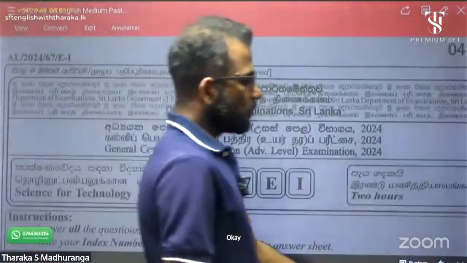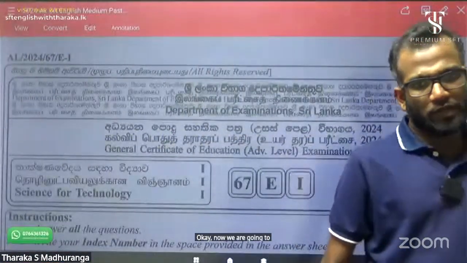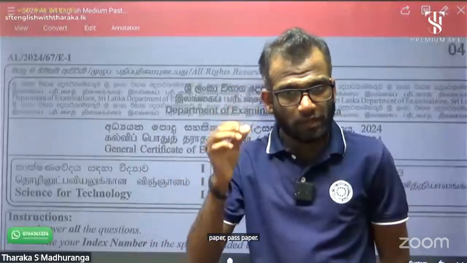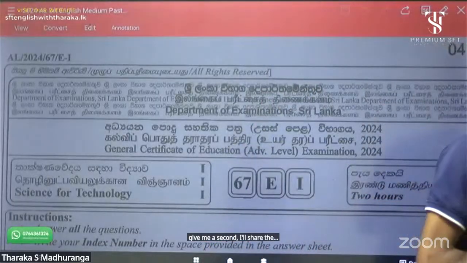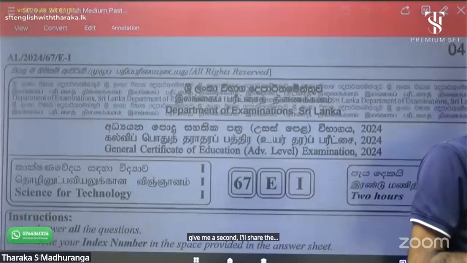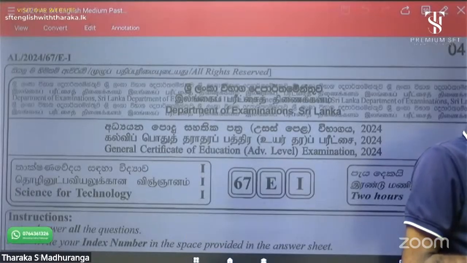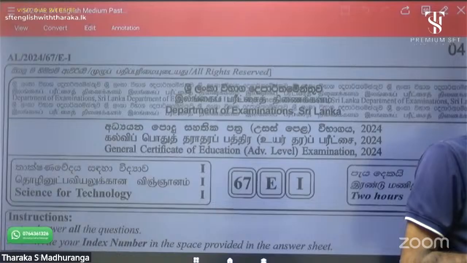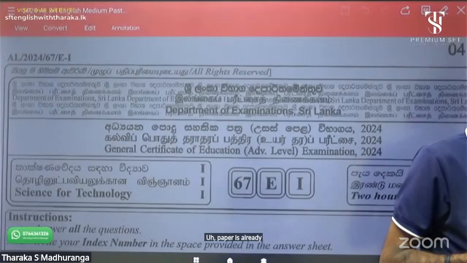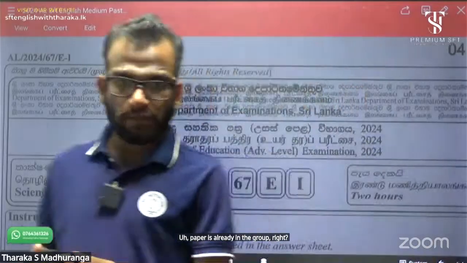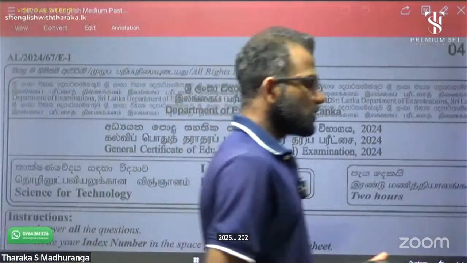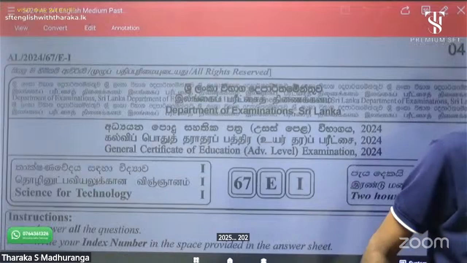Okay. Now we are going to do the 2024 past paper discussion. Give me a second, I will share the paper. It is already in the group, right? The 2025 paper we already discussed last week.